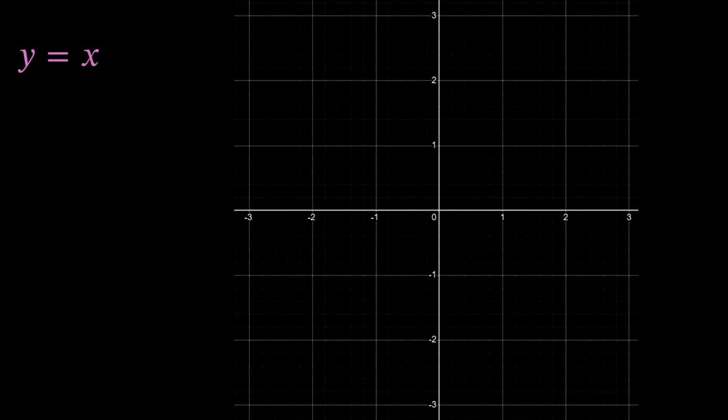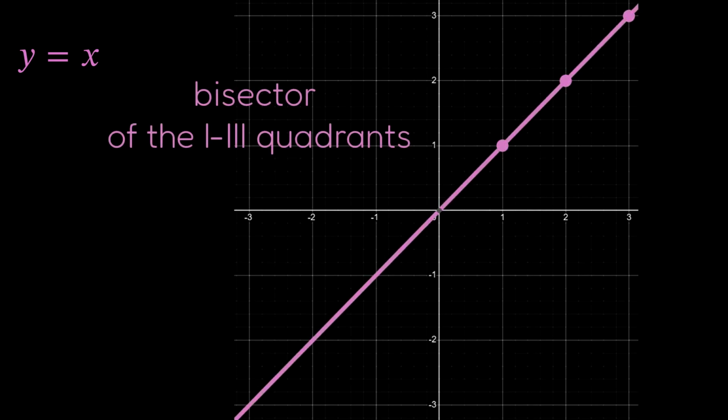Which points are these? (1, 1), (2, 2), (3, 3), and so on. But you can also choose non-integer or negative numbers, as long as the pair is made up of two equal numbers. In short, the points identified by the equation y equals x are the points on this line, known as the bisector of the first and third quadrants.